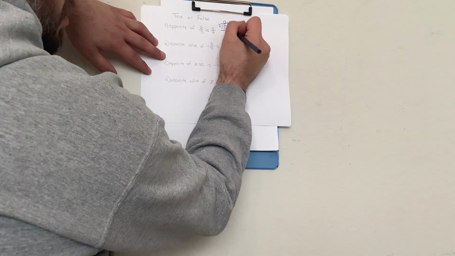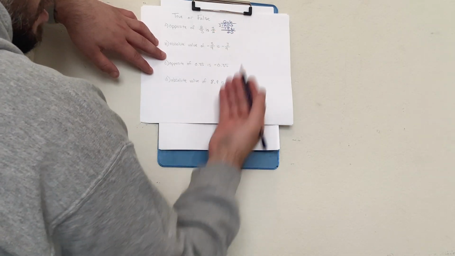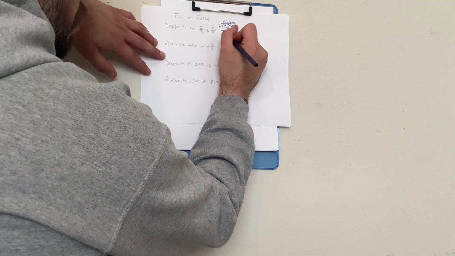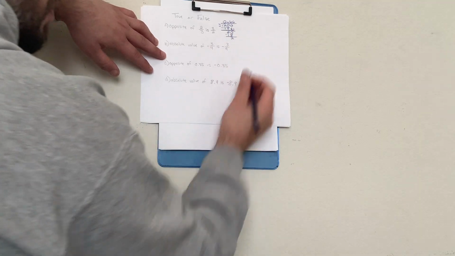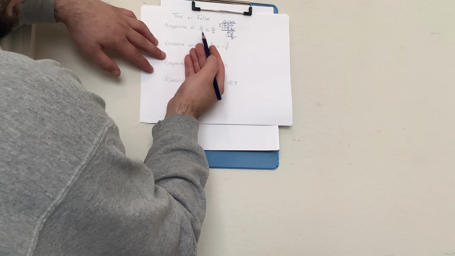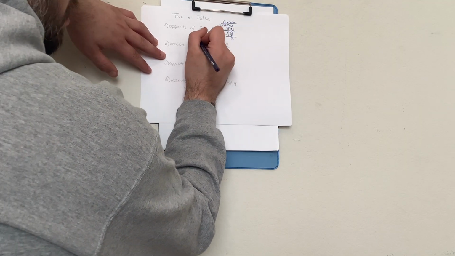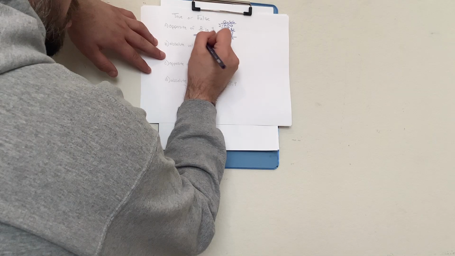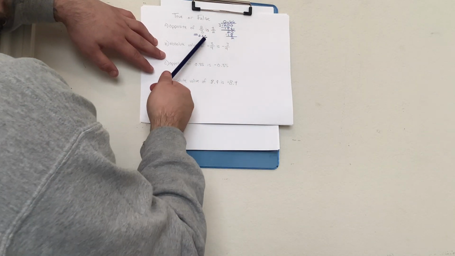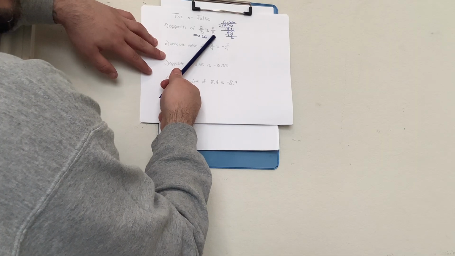I add another 0 here, pull it down, and you can see the theme starting to happen again and again. It's becoming a repeating decimal, okay? So I know now that 2/3 is really equal to 0.66. Now they're saying that 0.66 is the same thing as this improper fraction.